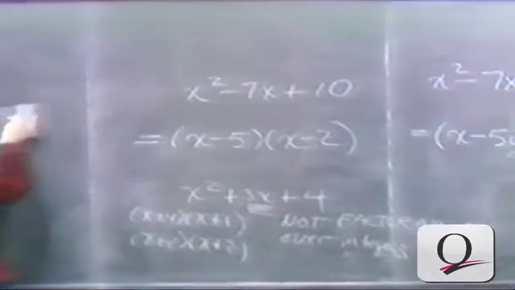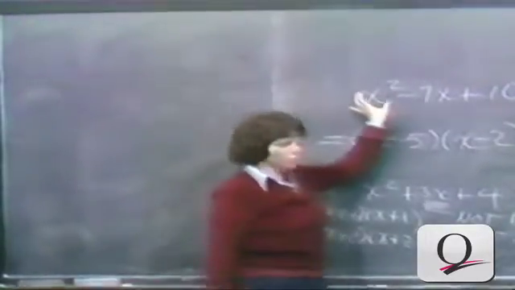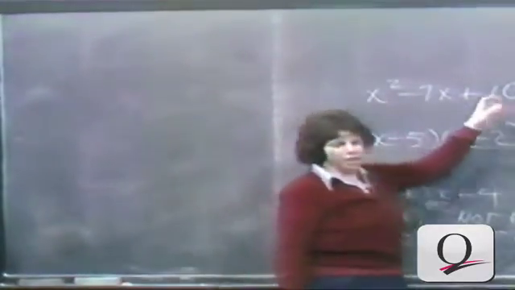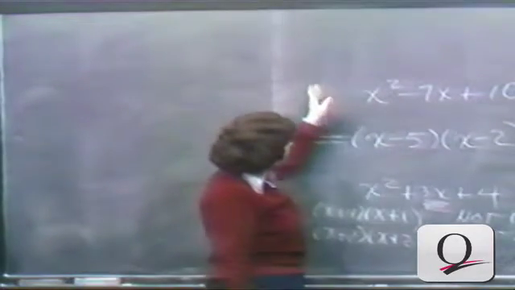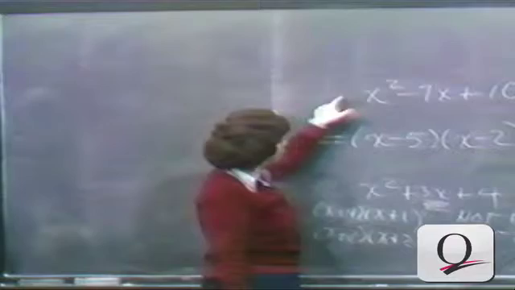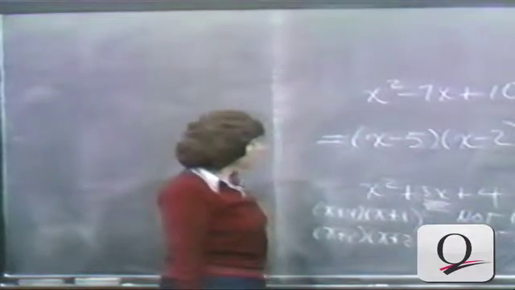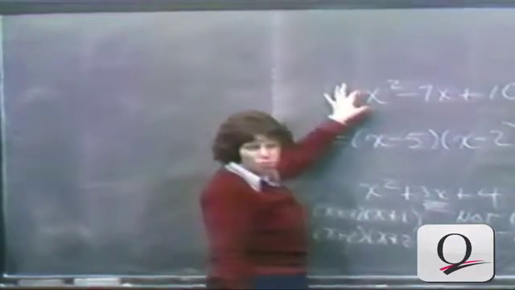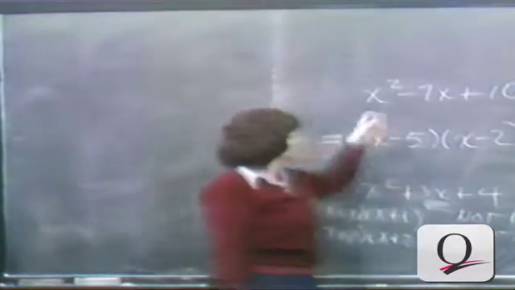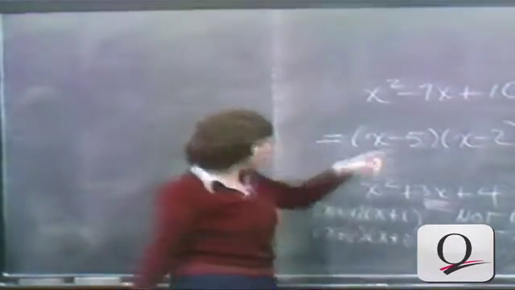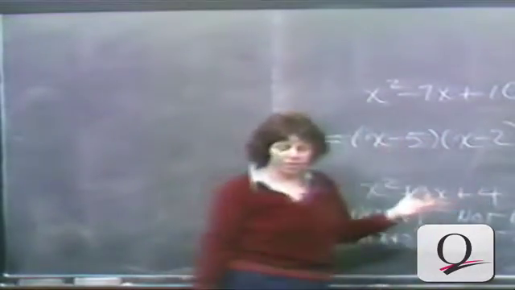Okay, so far, we have always been working with something like 1x squared plus something times x plus a constant. For the first time, we're going to consider what happens if there is a coefficient of x squared other than 1. Now, if it's just x squared, you know the first terms are x and x. If it's something other than x squared, you have to consider the ways to make that number as well as the ways to make, say, the plus 10 here.